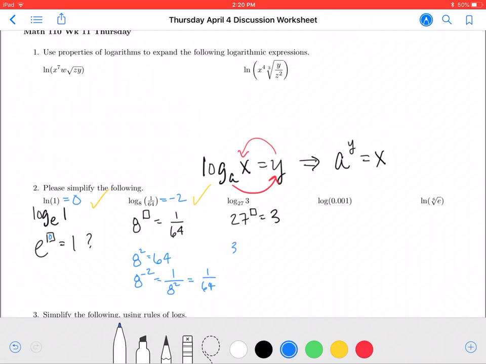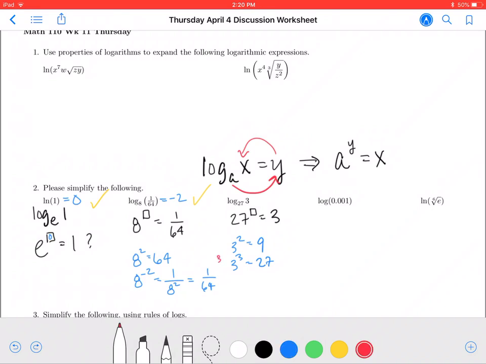We know that 3 squared is equal to 9. What's 3 cubed? Well, 3 times 3 times 3 is 27. So I know that 3 cubed is equal to 27, but I want to know 27 to what power would give me 3.